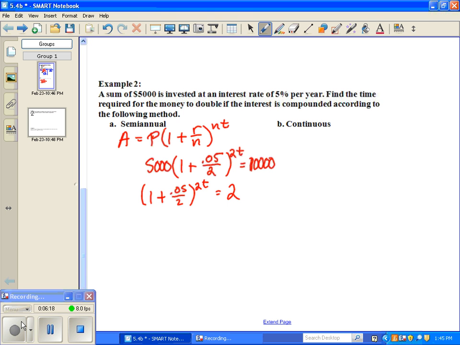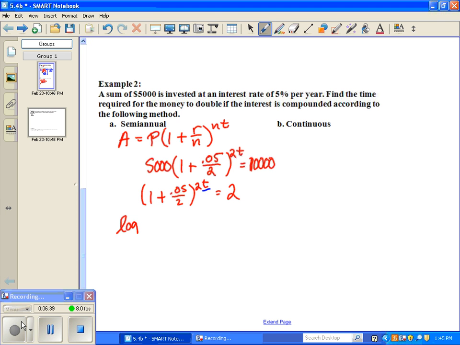Okay, so now we want to figure out the time. Now the time is right there in the exponent, so we need to get to that. And in order to do that, we need to apply log to both sides.